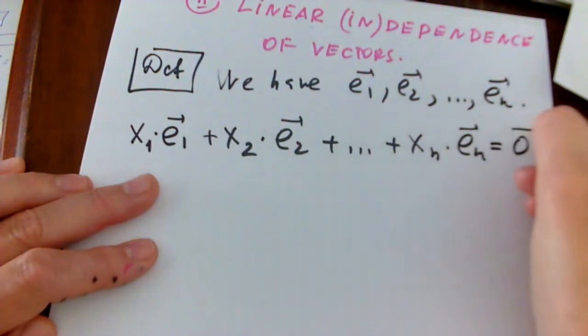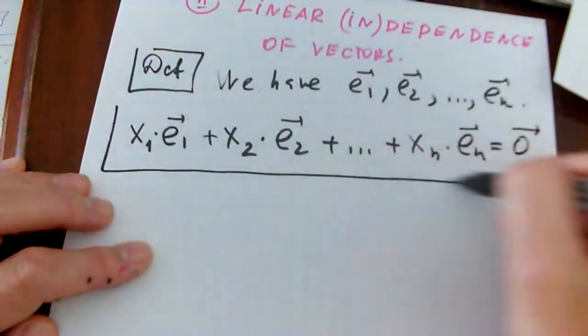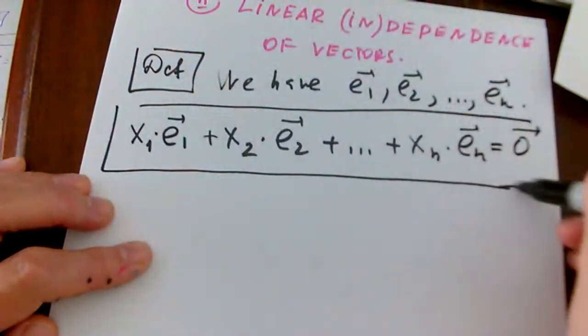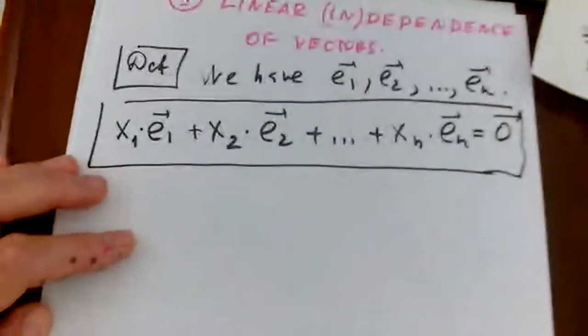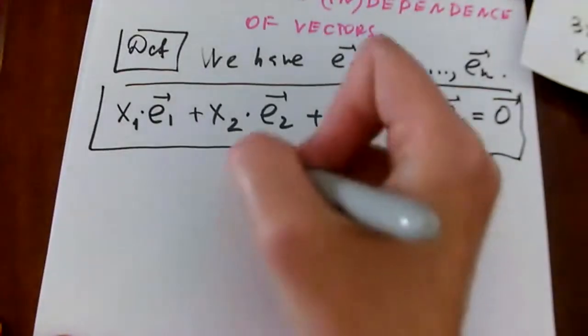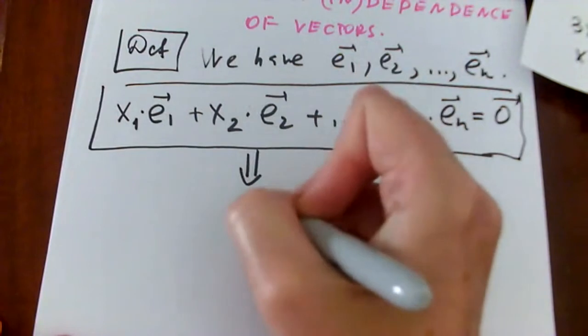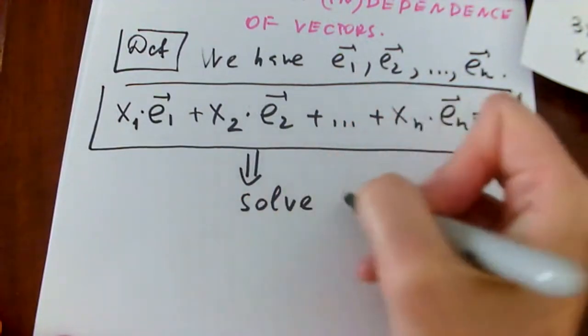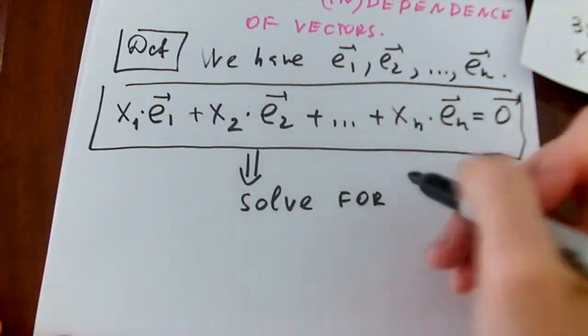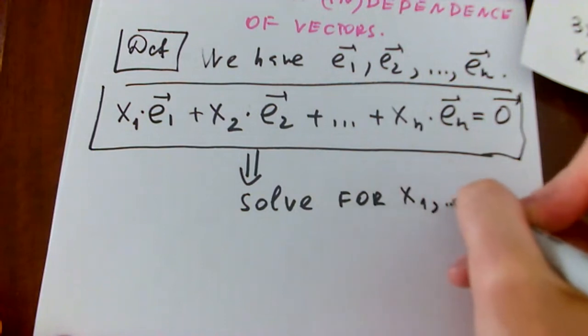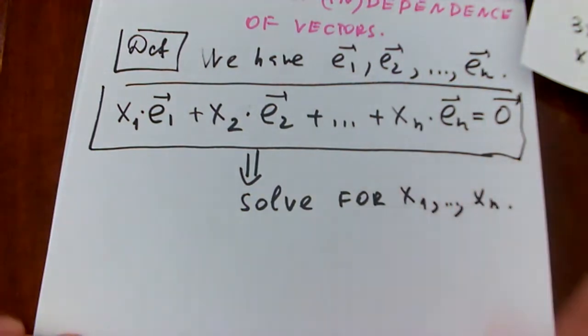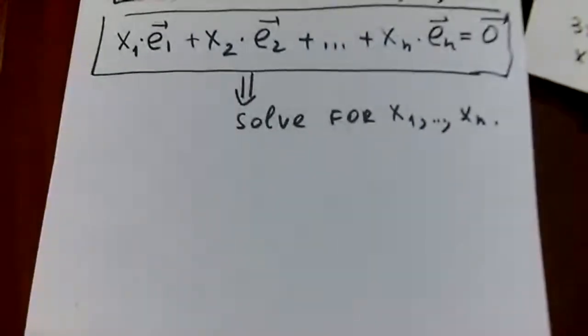We need to set it equal to 0, not 0, but the zero vector. And we get this equation, a very big equation. We need to solve it for these coefficients, for these unknowns, solve for x1 and so on, up to xn. And so you get the result.